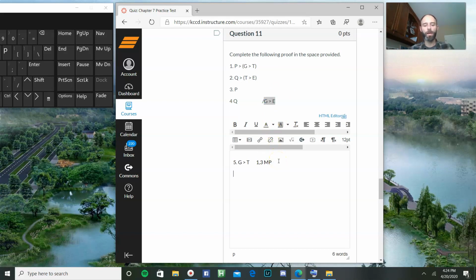So you would have a line 6 with something and a justification. You'd have a line 7 with something and a justification, and that's how you'll do the proofs.